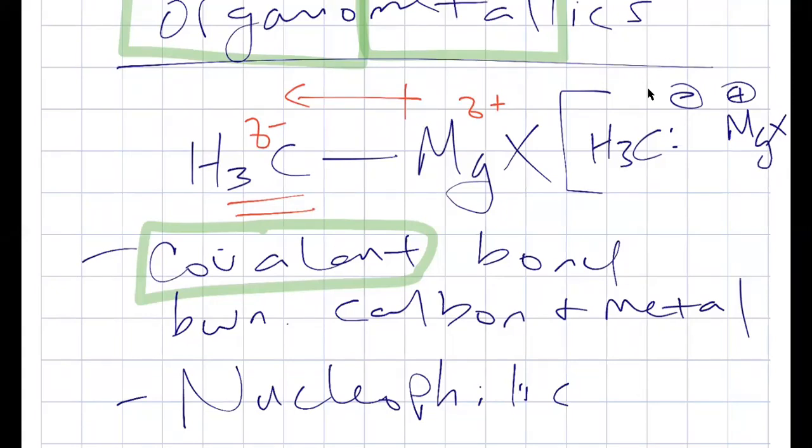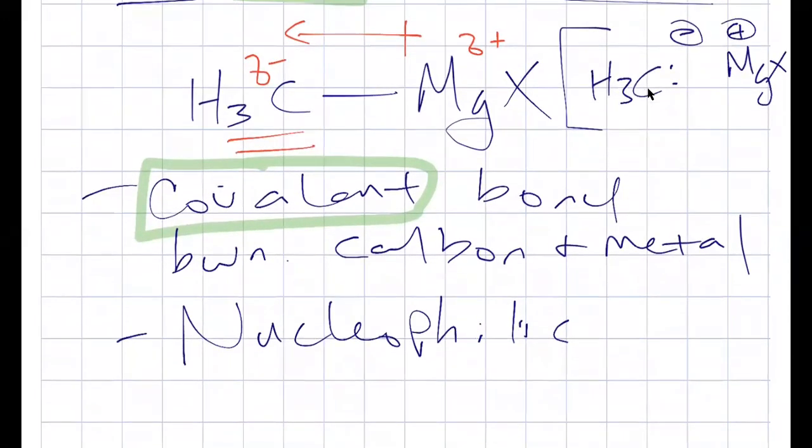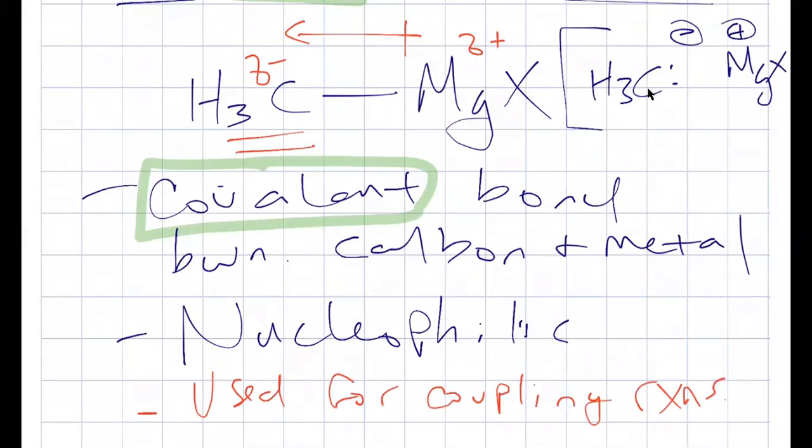So one of the uses of organometallics is what we call coupling reactions. Right, so we use it for coupling reactions.